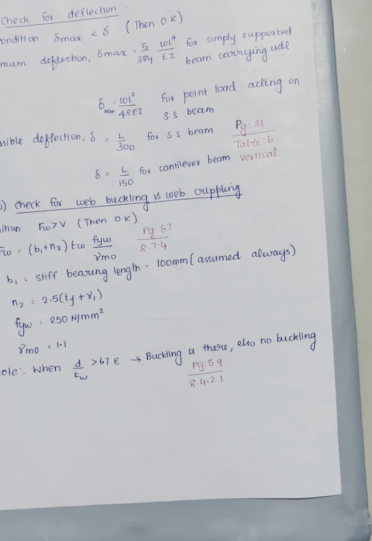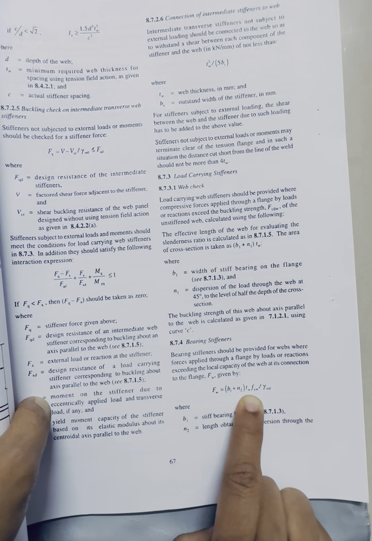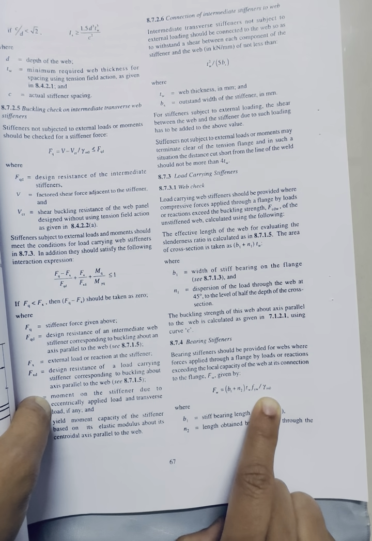The final step is the check for web buckling and web crippling. So the condition is what? FW should be greater than V. So FW is available in page number 67 at clause 8.7.4. FW is equal to (B1 plus N2) TW FYW by gamma M naught.